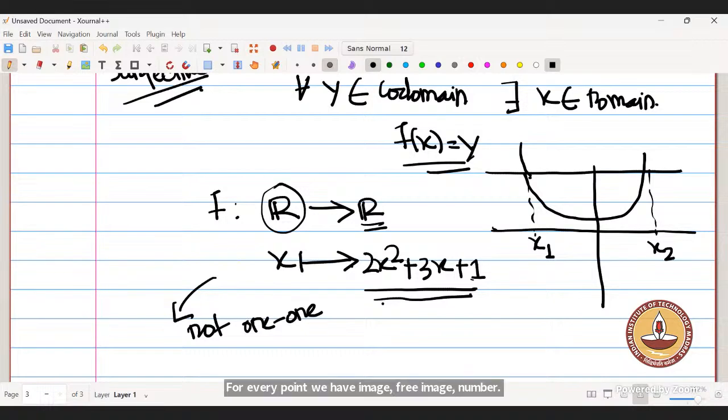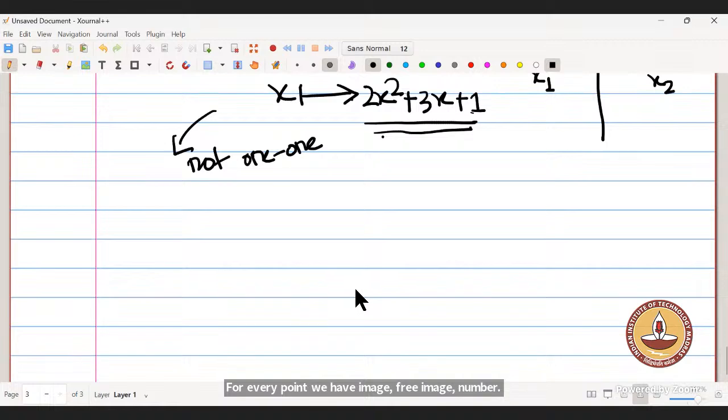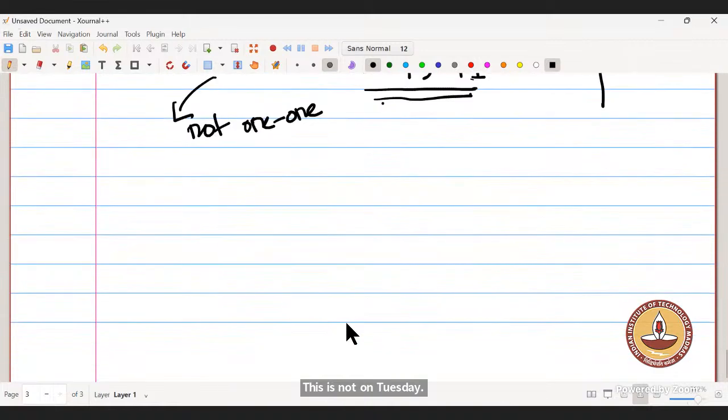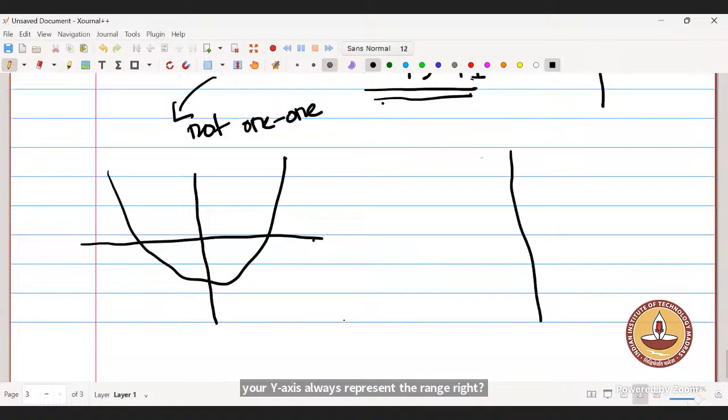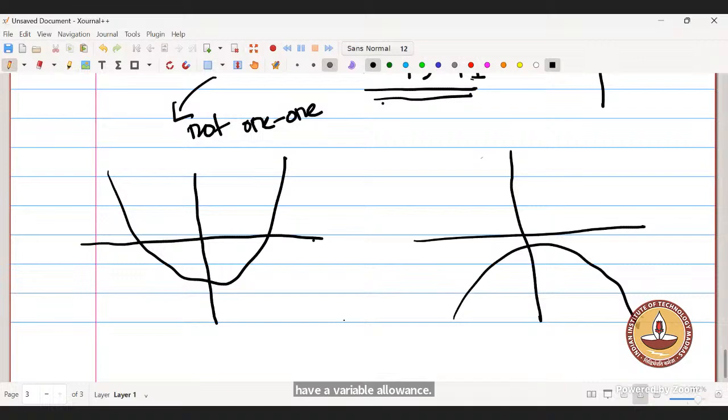This is not onto, sir. See, the y-axis actually represents your range, right? If you draw the graph of a parabola, your y-axis always represents the range, right? Suppose you have a parabola like this, or a parabola like this. So we are missing a lot of points, right?